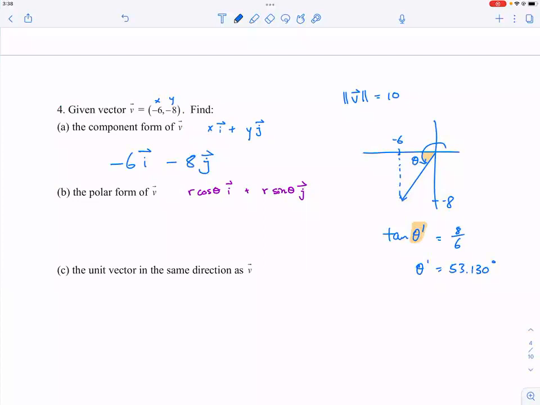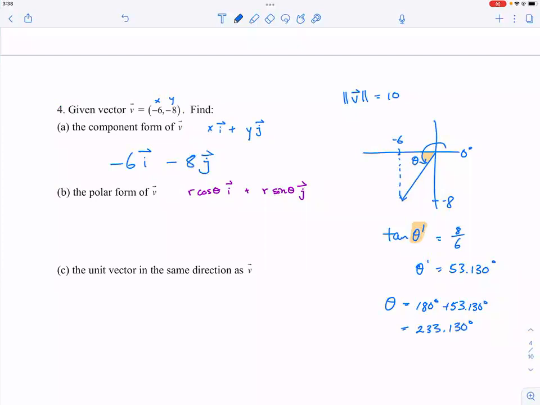The actual theta, the big one, not the one highlighted in orange, but the big one from 0 degrees, would be 180 degrees plus 53.130 degrees, which gives you 233.130 degrees.